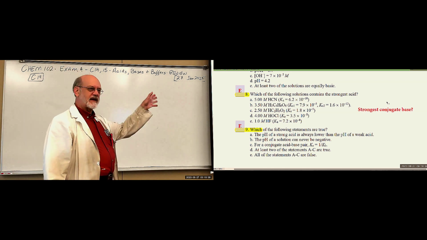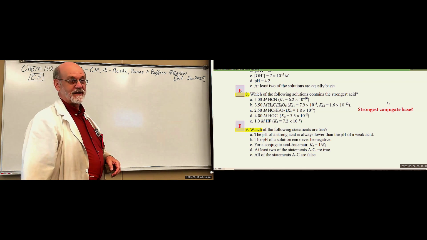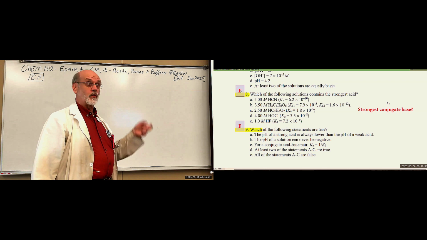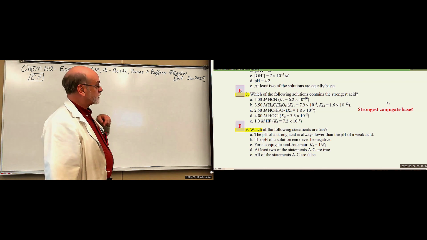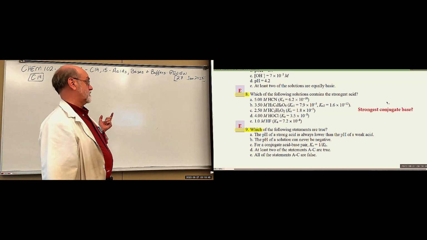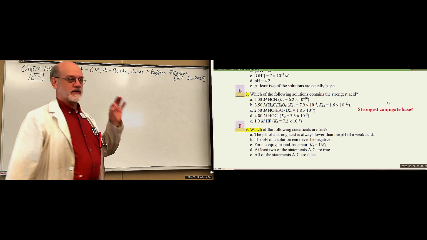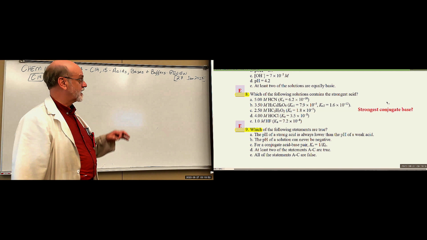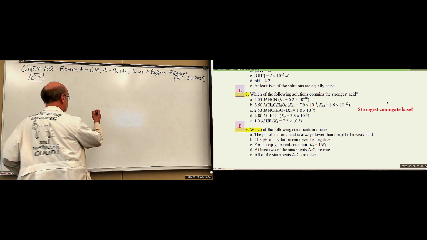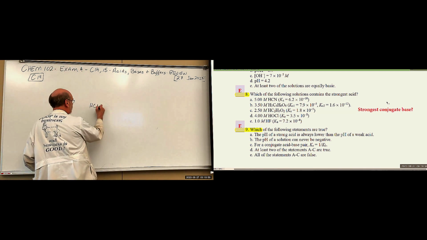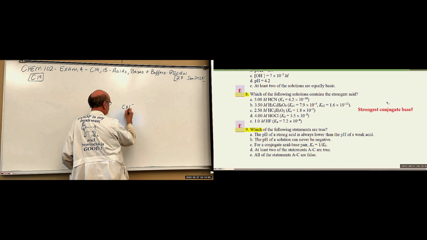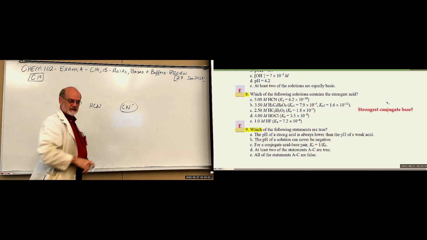I just added that in there for discussion. The strongest conjugate base will come from the weakest acid. So we look for the weakest acid, which is A. It would produce the strongest conjugate base. That is not the conjugate base. This is the conjugate base. And that would be the strongest of the bunch.